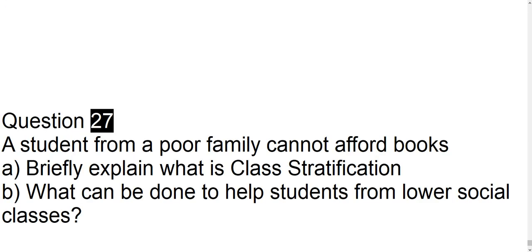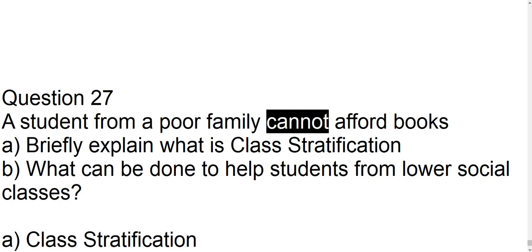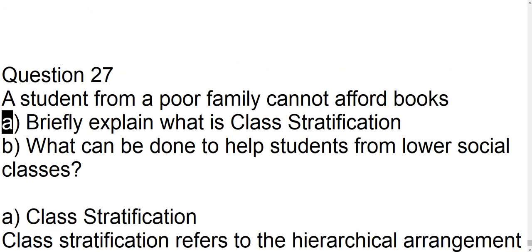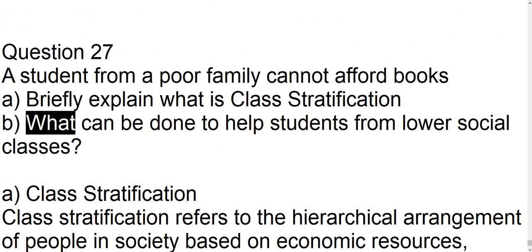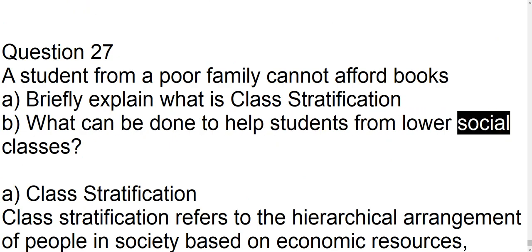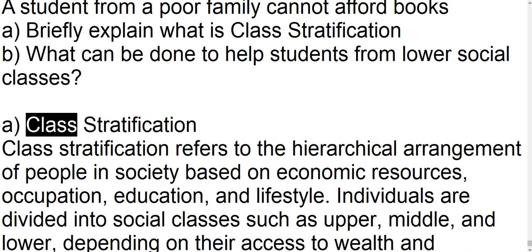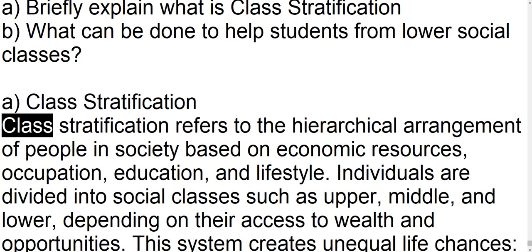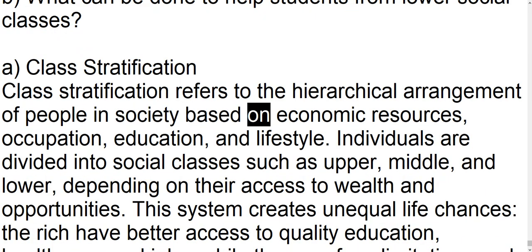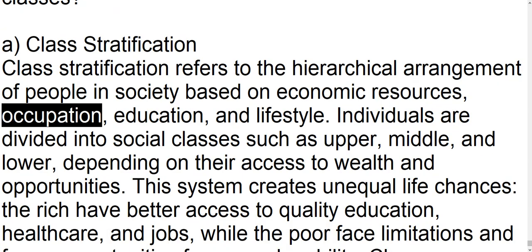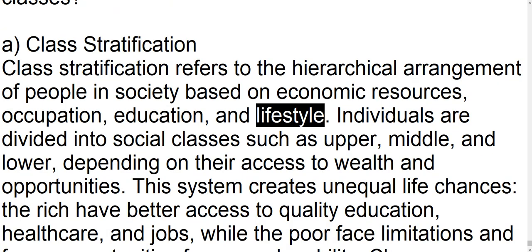Question 27. A student from a poor family cannot afford books. A. Briefly explain what is class stratification. B. What can be done to help students from lower social classes? A. Class stratification. Class stratification refers to the hierarchical arrangement of people in society based on economic resources, occupation, education, and lifestyle.